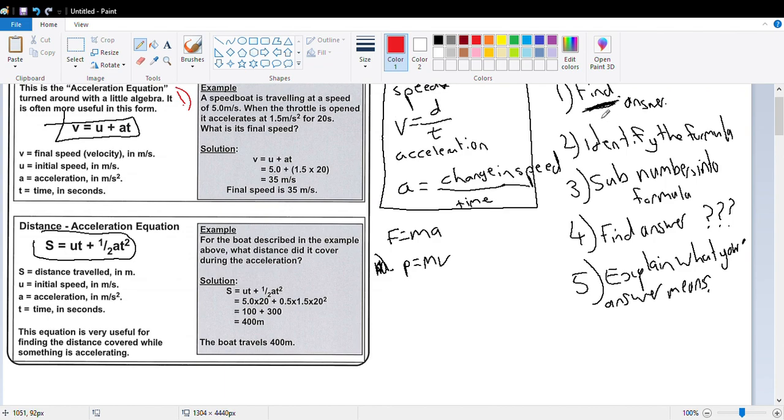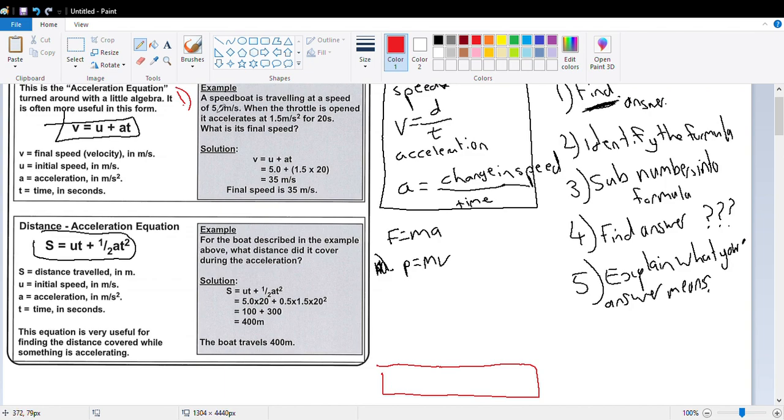My first thing is to think about what the question is asking and what I am trying to find. To do that, I'm going to draw a little box, and inside that box, I'm going to place what I'm trying to find to remind myself about my end goal. We're in a boat and it's traveling 5 meters every single second.